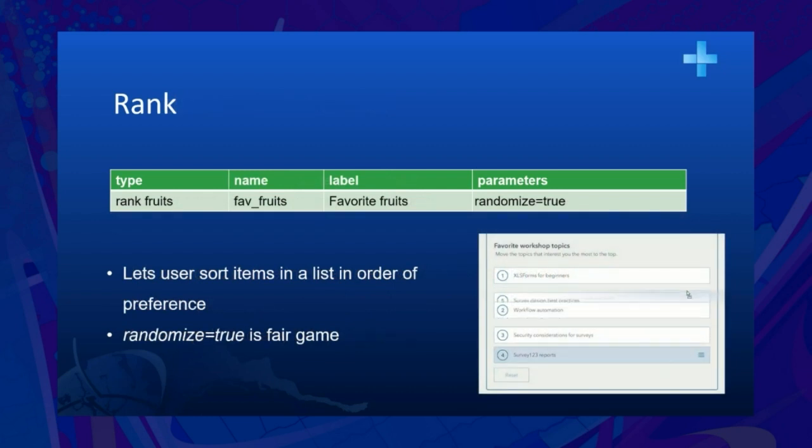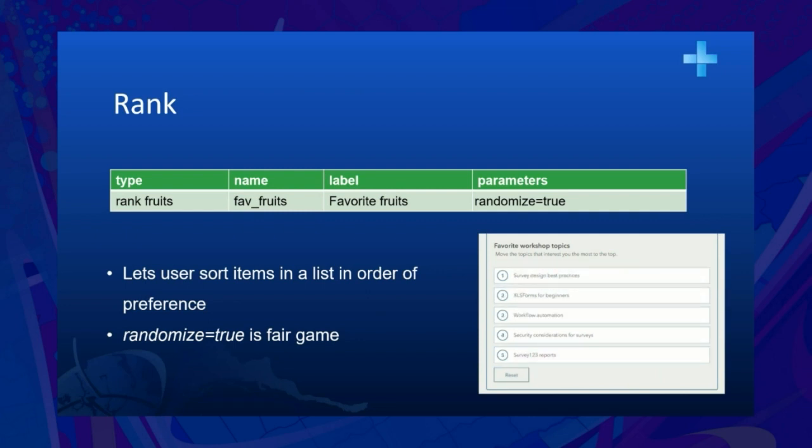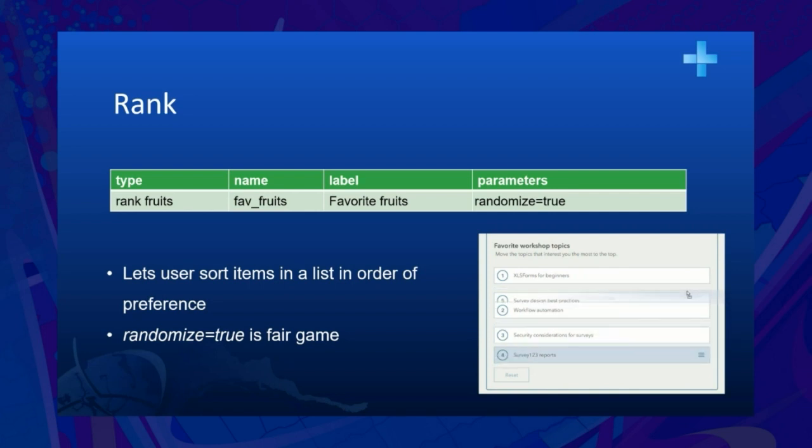Finally, we are also introducing a new type of question, the rank question. It allows end users to sort items in a list in order of preference. So based on the position in the list, the choices will get a score, which you can then look at and analyze. Here is the syntax. It's a new type of question called rank.